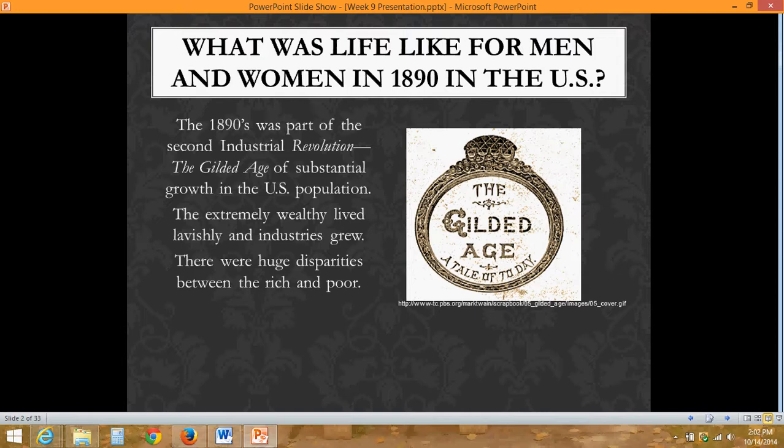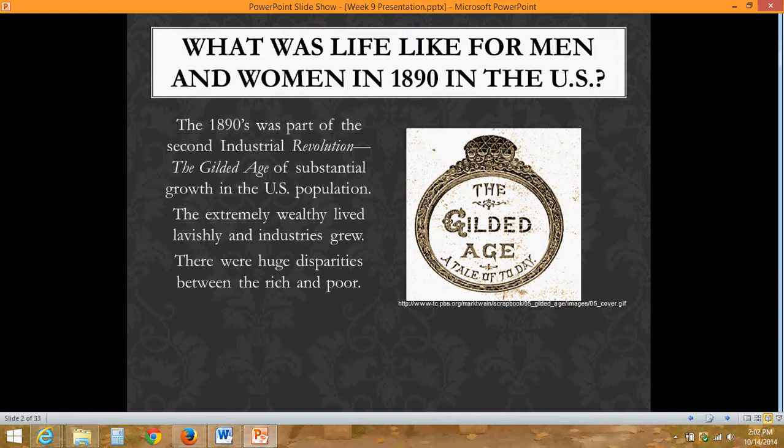So I wanted to start with this idea of the life for men and women in the 1890s. You have to remember that this is considered the Gilded Age. It's the second industrial revolution, and it really creates a lot of growth in the United States. The wealthy become extremely wealthy. They live lavishly, and industries really grew.